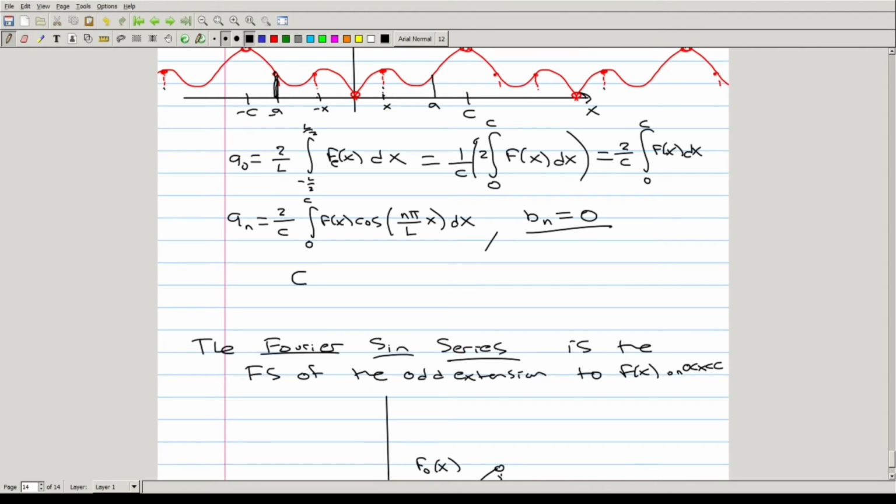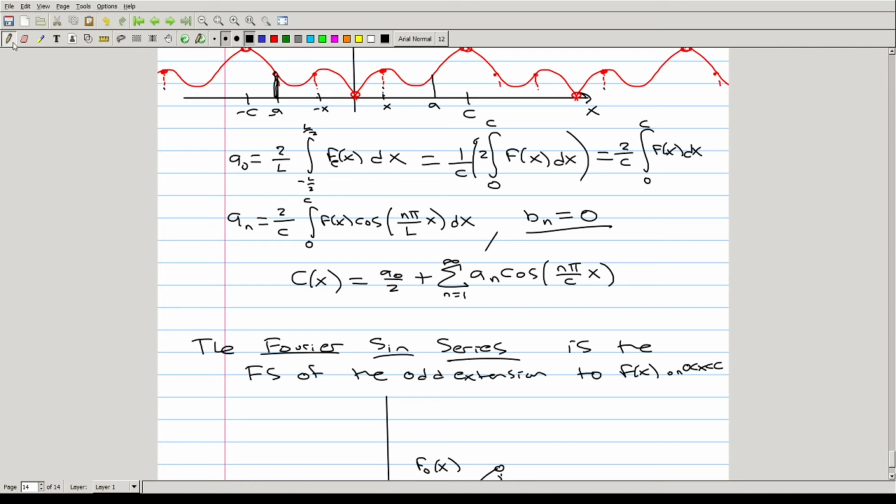So the Fourier cosine series, sometimes noted c of x, will be a0 over 2 plus the summation from n equals 1 to infinity of an times cosine of n pi over c x.